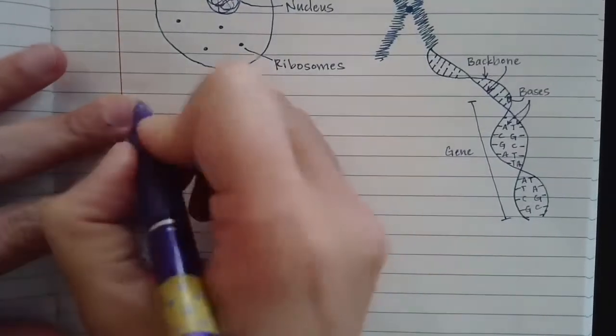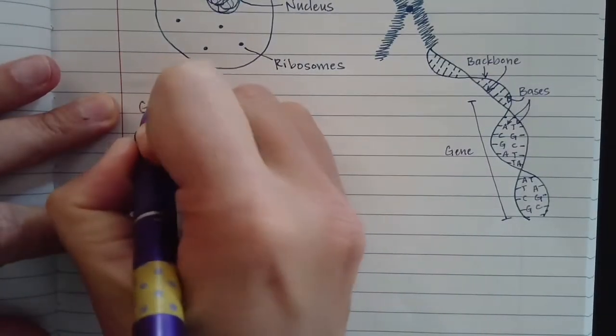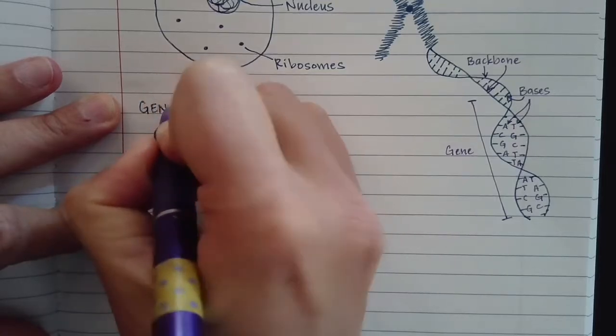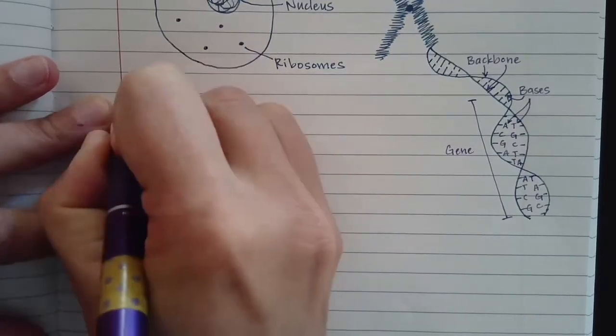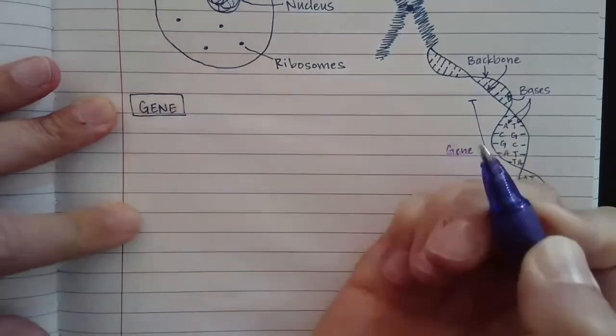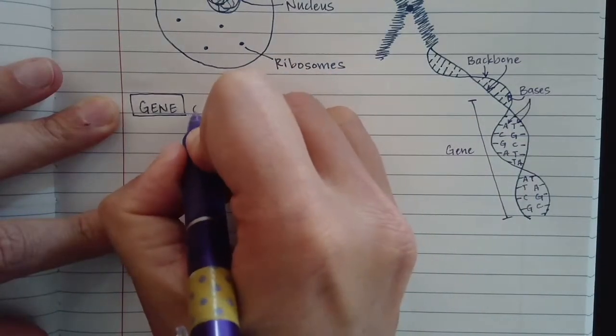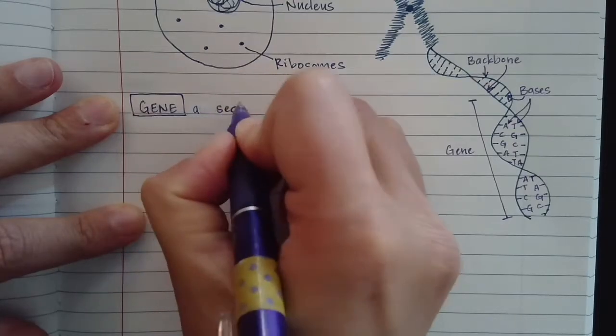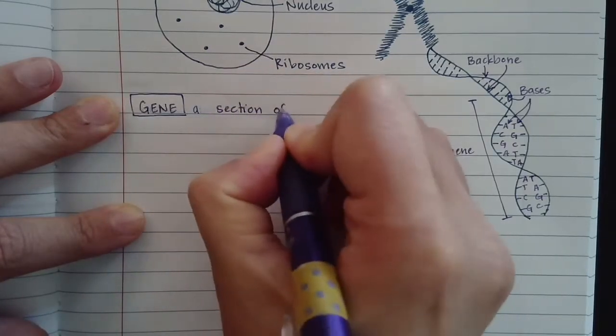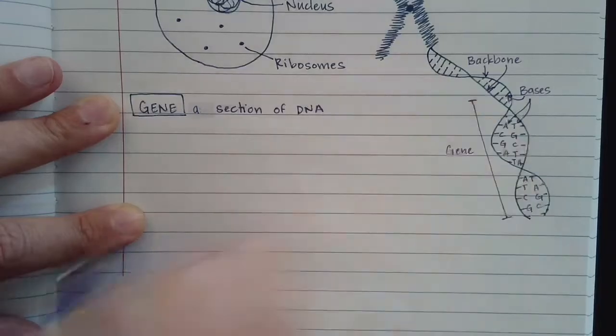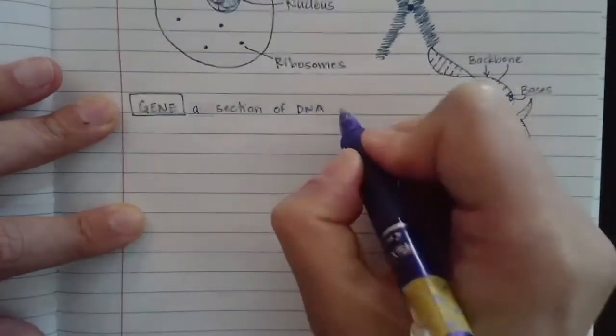So a gene, which is a new vocab word, is a section of DNA that codes for a protein.